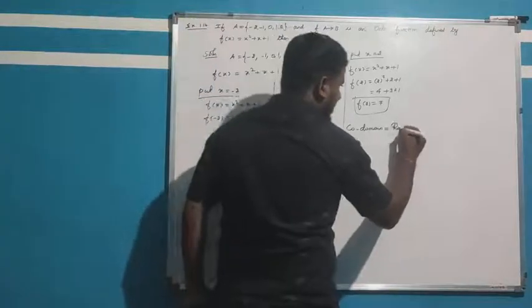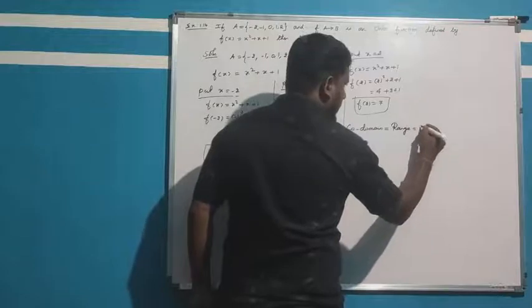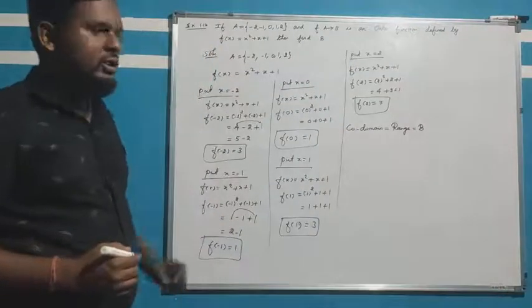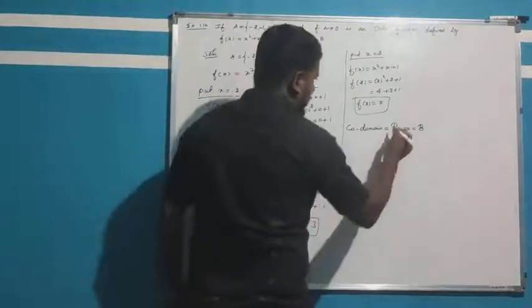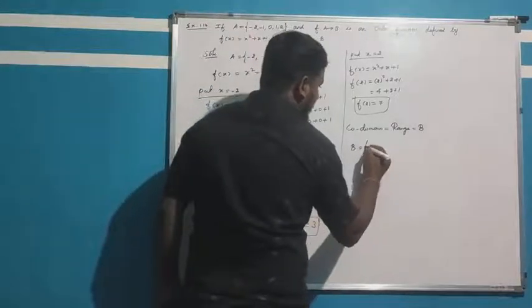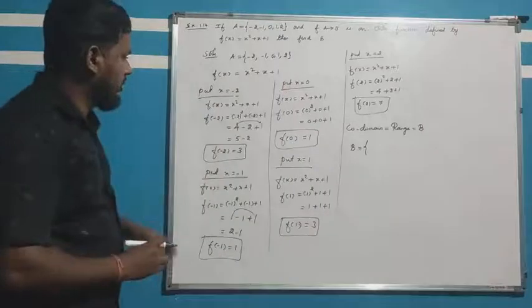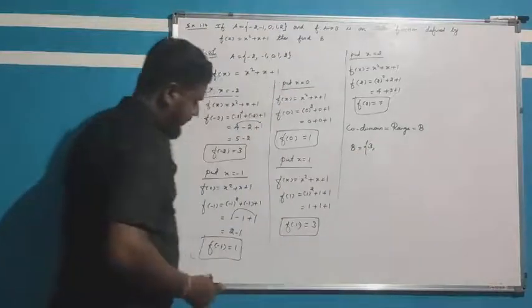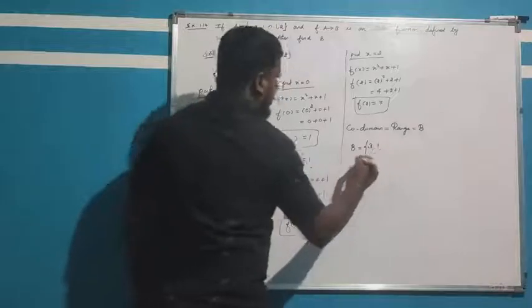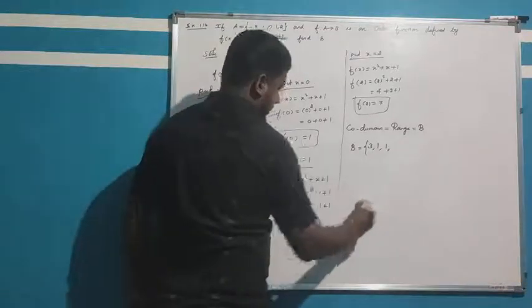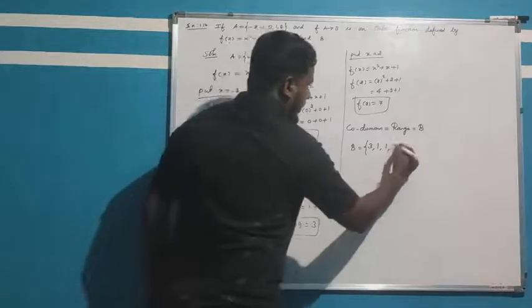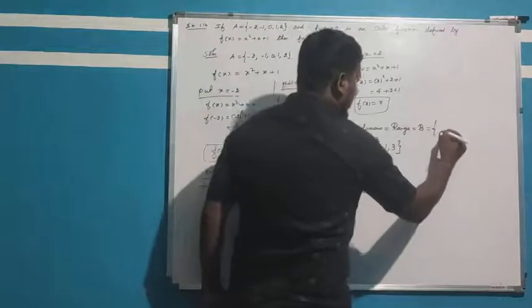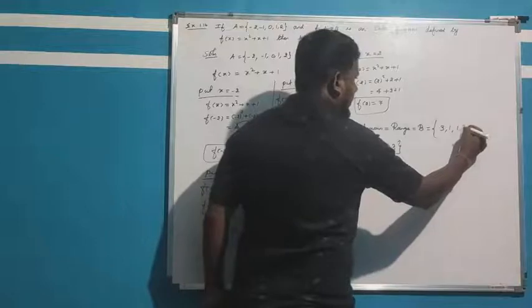Codomain and range are equal to the B set. Now what will the B set be? 3, 1, 1, 3.